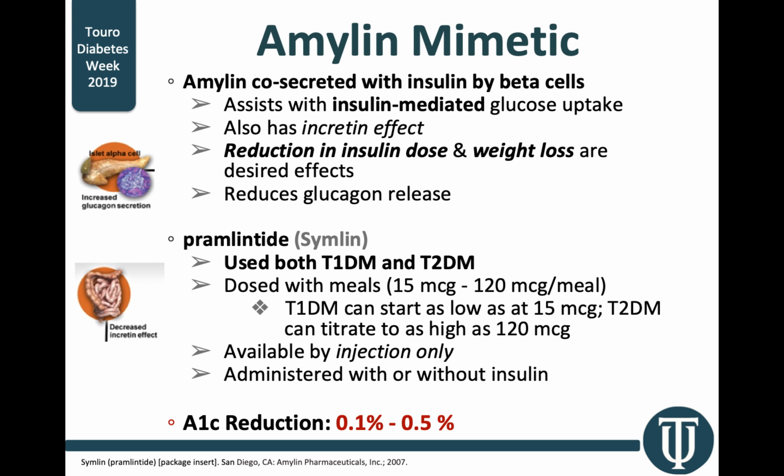So how does it work? It's similar to the GLP-1 receptor agonists and DPP-4 inhibitors. Amylin mimetic also has an incretin effect, and it helps with insulin-mediated glucose uptake. So it helps with the insulin, so we can reduce the insulin dose, and it also has some weight loss effect.